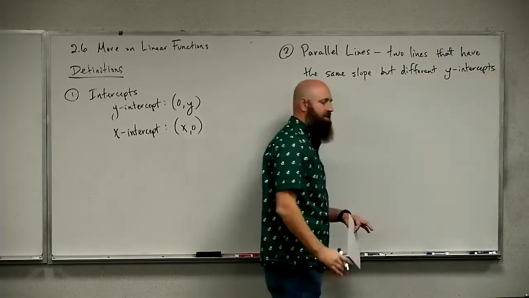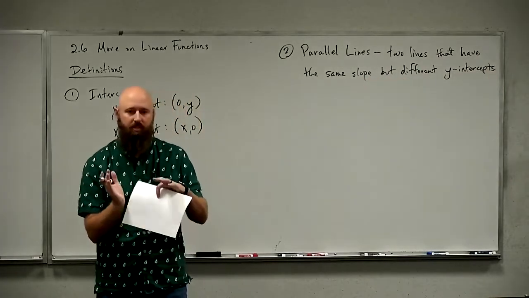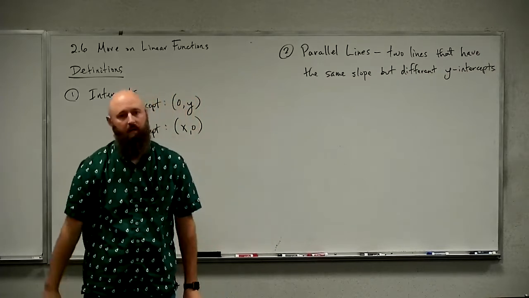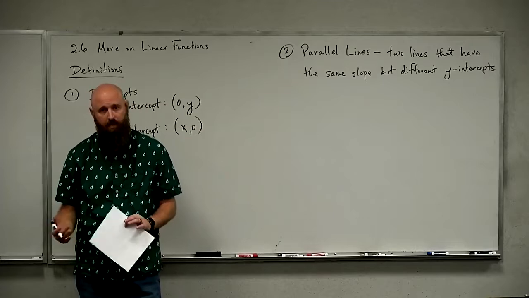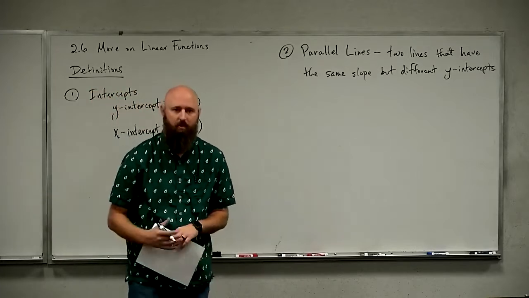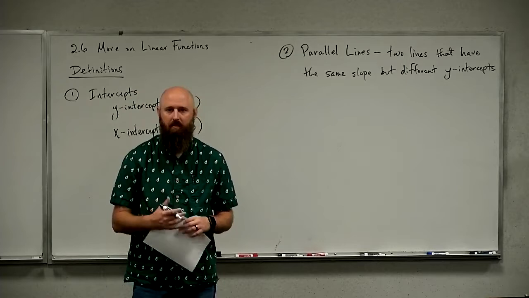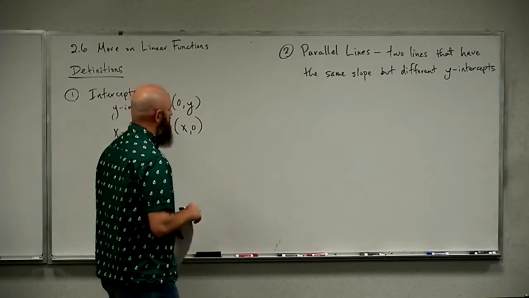Okay, so if they have the exact same slope, you can have the same steepness, but if they're 2 different y-intercepts, they start at different places, they're going to be parallel. They're going to look like train tracks, right? Because that's what parallel lines mean. Okay, so that gives us some information to work with. We're graphing. If we get that y by itself and we see the same slope, we know we're going to be parallel lines. That's going to be important to us.